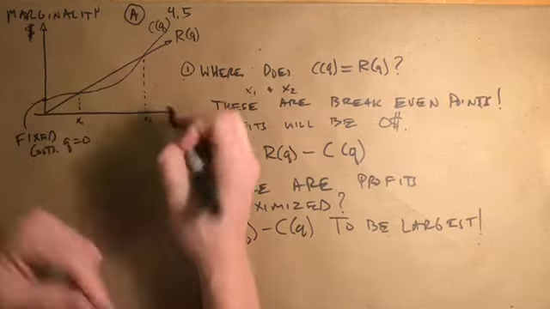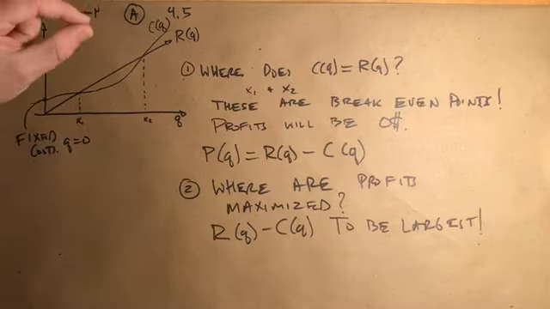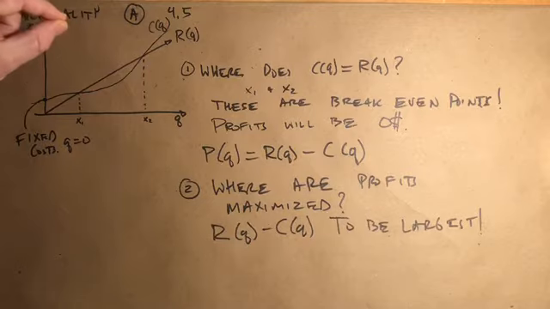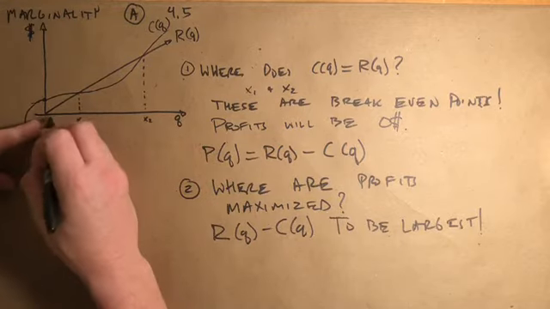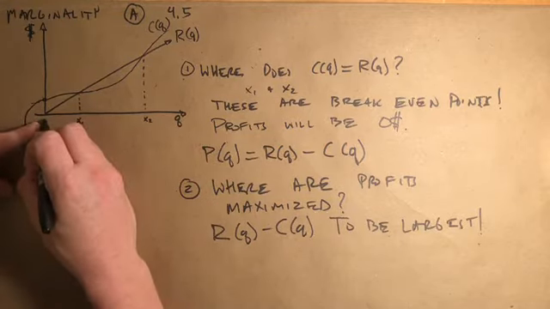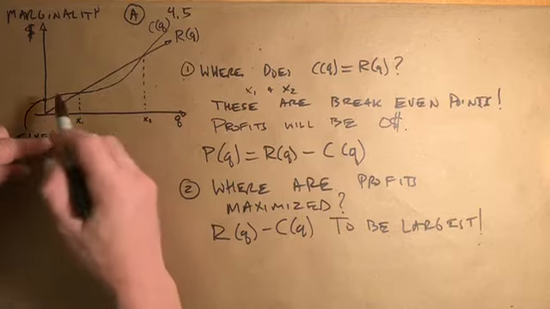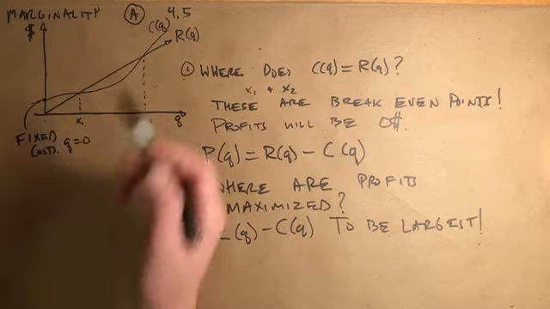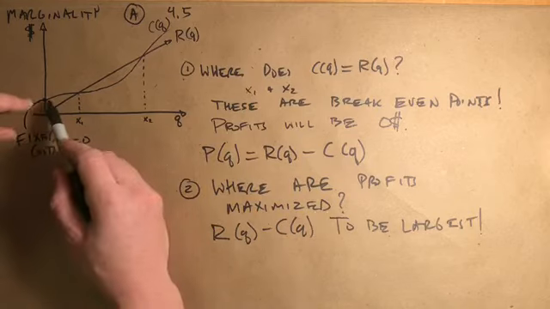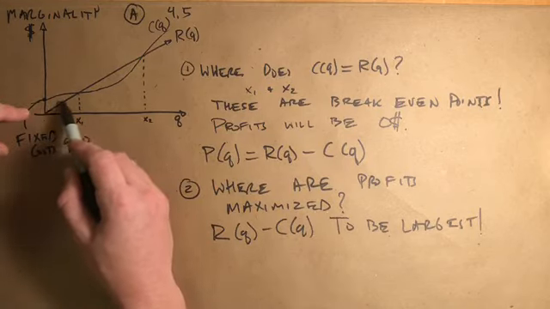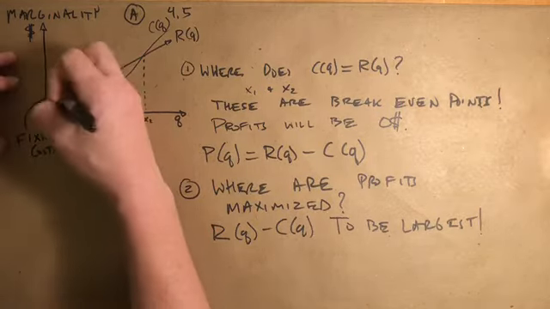At x1 and x2, that vertical distance is 0. Profits are 0. In this region, from quantity equals 0 to x1, the cost equation is above the revenue equation. And so that means here I'm going to have losses, yes? Here I'm losing money.